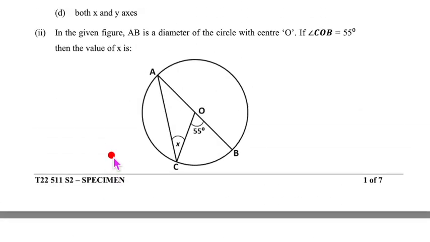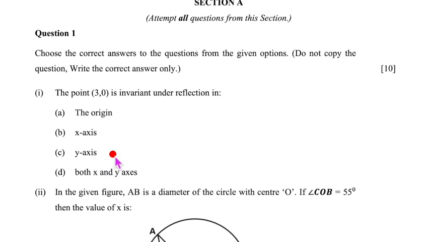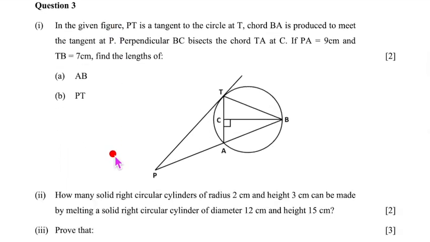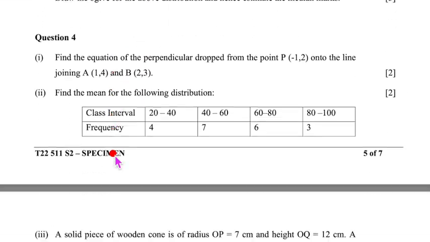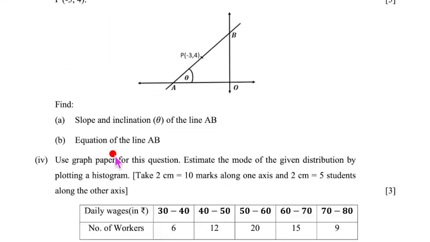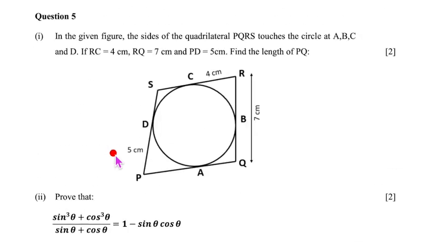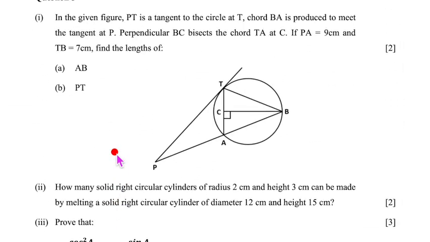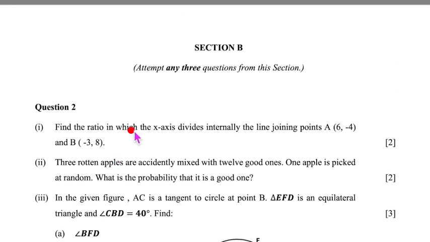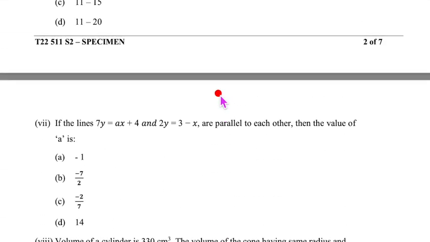In section B you will have question 2, 3, 4 and 5. So you will have 5 questions, out of which you have to solve any 3 questions. Alright, so let us begin solving this paper.